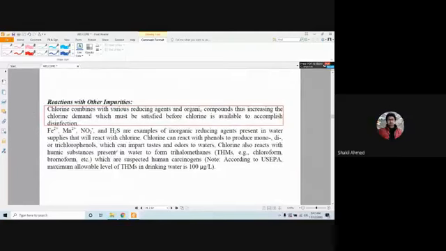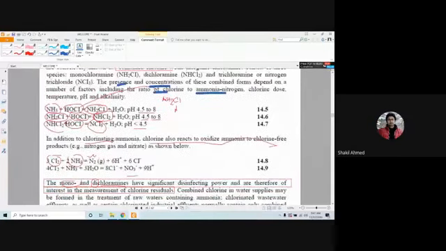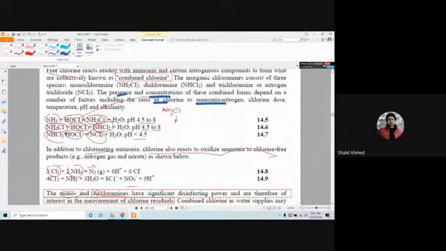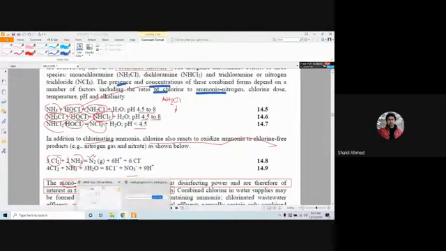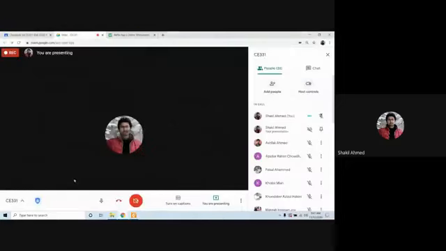Reaction with other impurities. So we saw the reaction with certain types of impurities here, but there can be reaction with other types of impurities also.